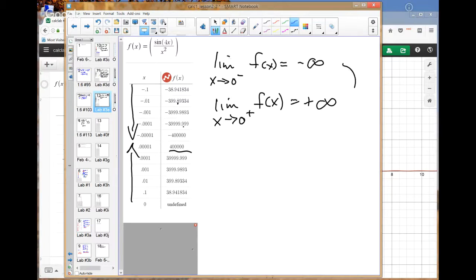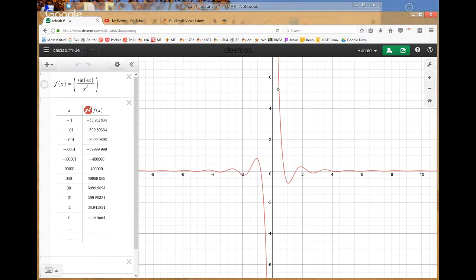And because these two don't agree, the limit as x approaches 0 in general does not exist. There is no limit. And you could have seen that on the graph. Hey, the two ends don't meet. There's a major whiff here. The two sides of the graph do not meet. Okay, so we've got another scenario.